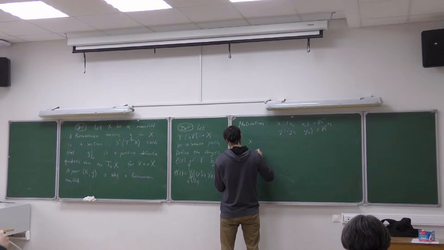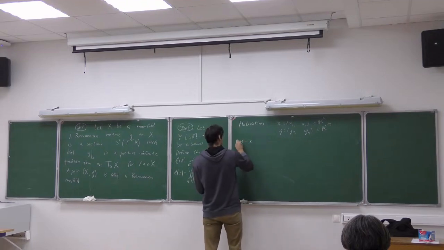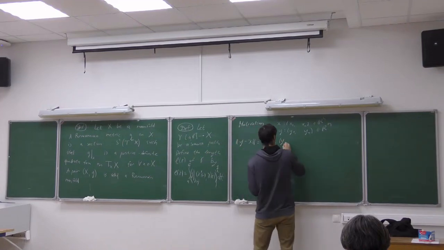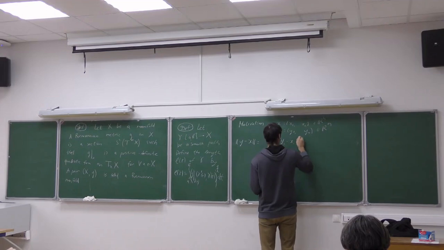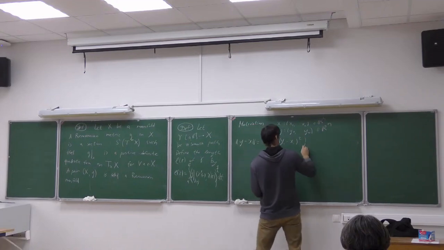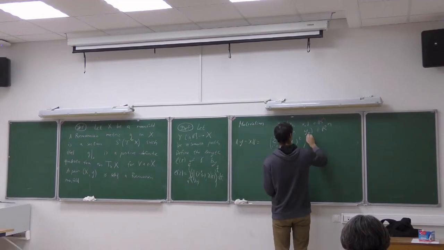The distance will be the sum of (yi minus xi) squared, i from 1 to n, and then I have to take the square root of it.